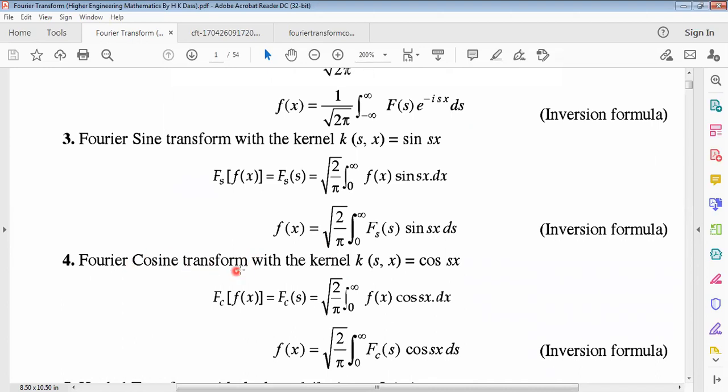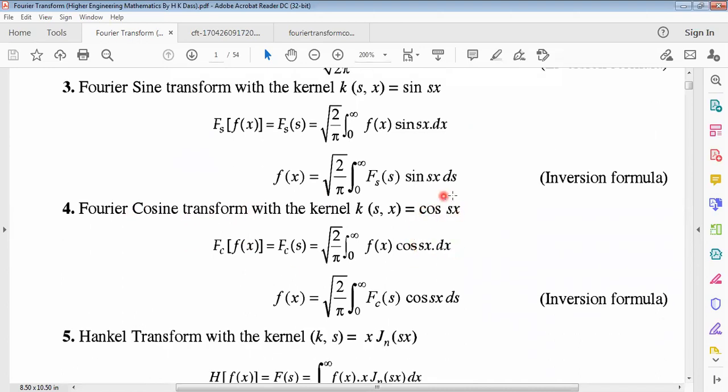Then the Fourier cosine transform has only cos sx as the kernel. So the Fourier cosine transform F_c(s) can be written as the integral from 0 to infinity of root over 2 by pi times f(x) cos sx dx. This is the formula for the Fourier cosine transform.